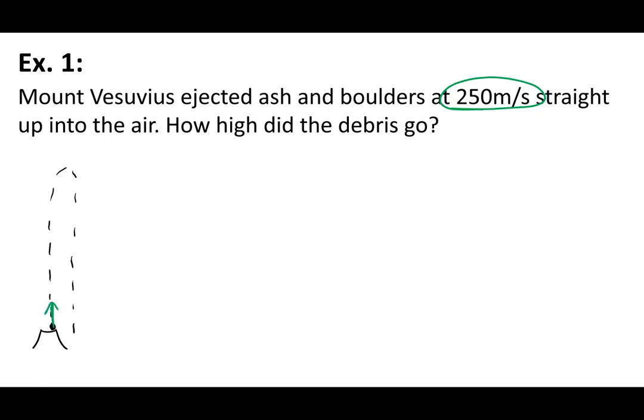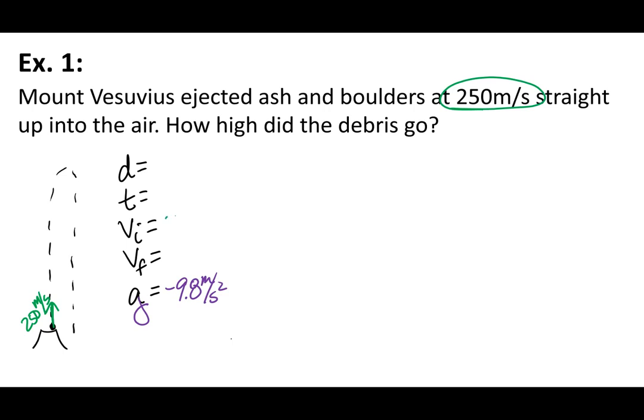And so that is right here. That is the initial velocity. So let's do our givens here. D, T, VI, VF, and A. We always know A. A is G of negative 9.8. And we now know the initial velocity was 250 meters per second.